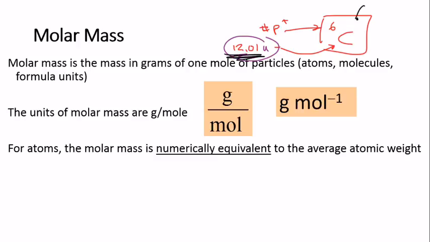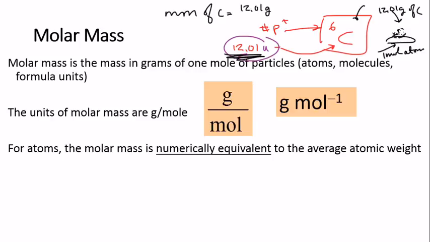So picking on carbon, if I wanted to have 1 mole of atoms, I would weigh out 12.01 grams of carbon. Does that make sense? So the molar mass of carbon is 12.01 grams of carbon per 1 mole of carbon.